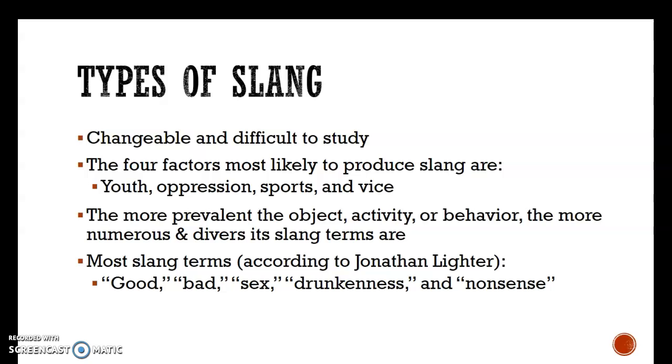The more prevalent an object is in daily life, the more numerous and diverse its slang terms will be. Jonathan Leiter, a linguist and apparent slang expert, claims that most slang terms are stand-ins for good, bad, sex, drunkenness, and nonsense.